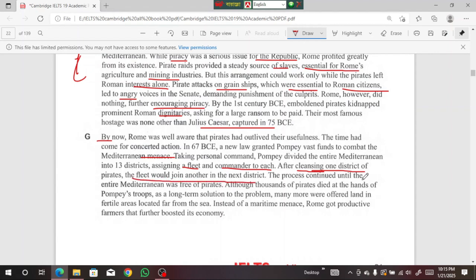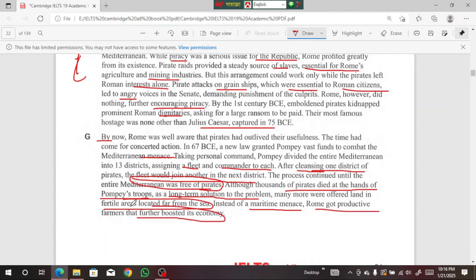The process continued until the entire Mediterranean was free of pirates. Although thousands of pirates died at the hands of Pompey's troops, as a long-term solution to the problem, many more were offered land in fertile areas located far from the sea. Instead of a maritime menace, Rome got productive farmers that further boosted their economy.